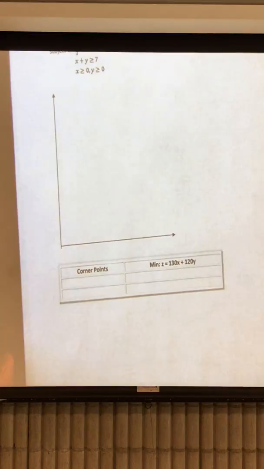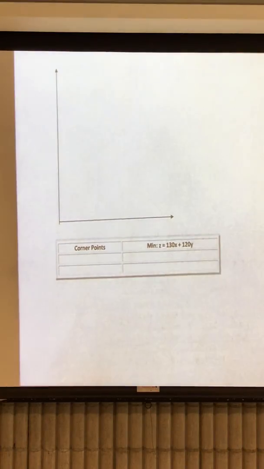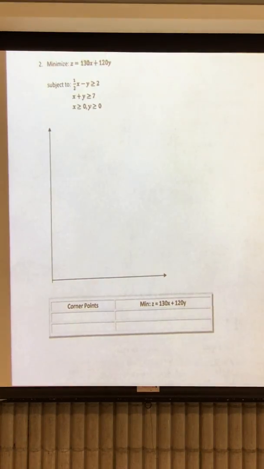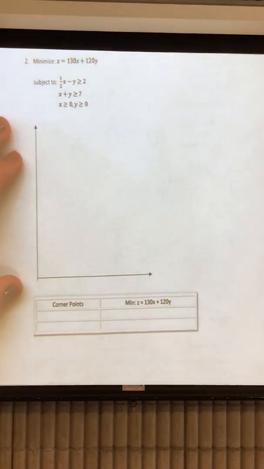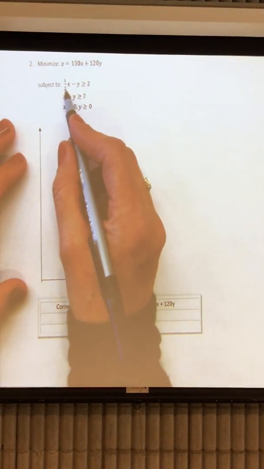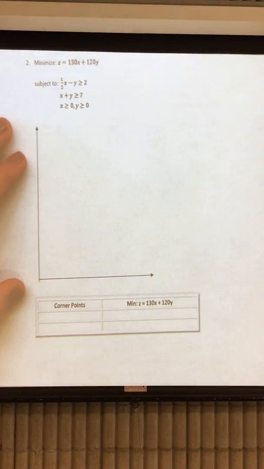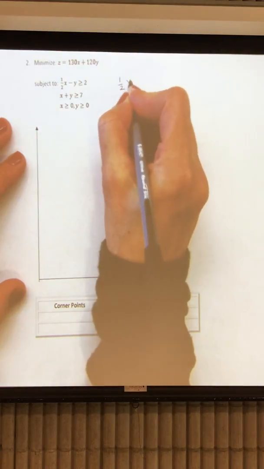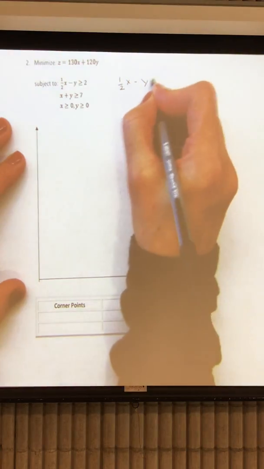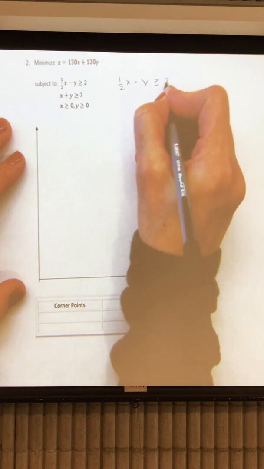Number 2, here we have a minimizing problem. So let us minimize this objective function. So before we do that, looking at our first inequality, let's get rid of this fraction by multiplying all terms by 2, which will make it easier to solve.